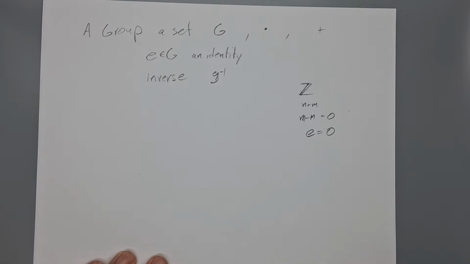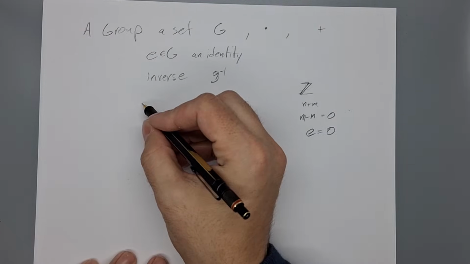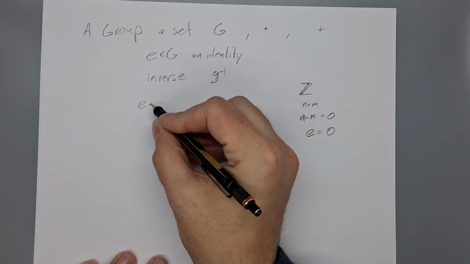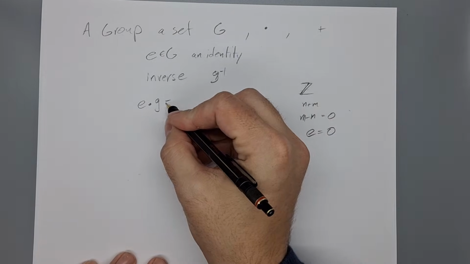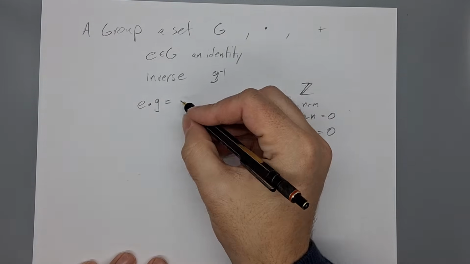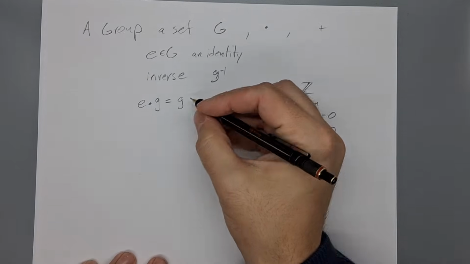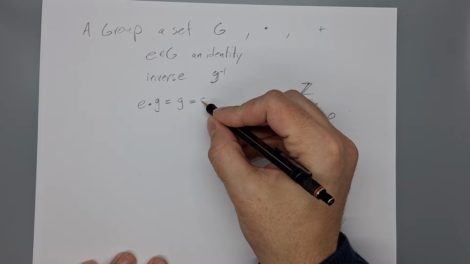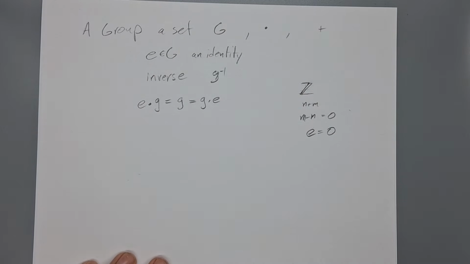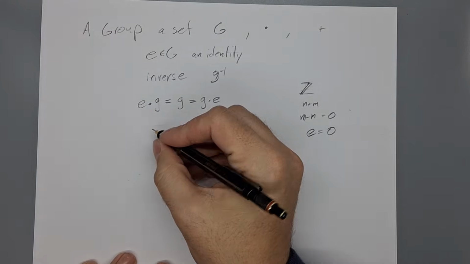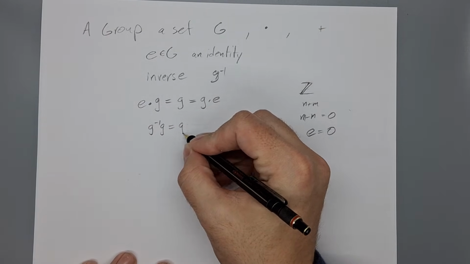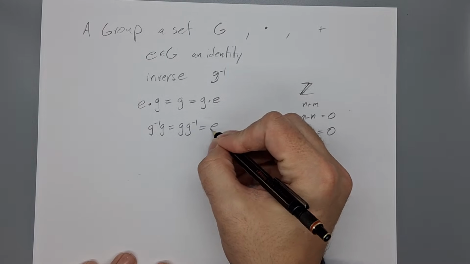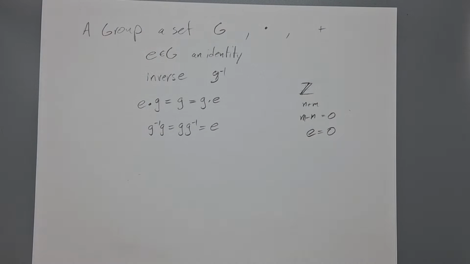So the axioms we have here, using the multiplication notation, are E times G, the identity times anything, is whatever you put in it. And the same on the other side. And then the inverse needs to produce the identity. And that is the basic idea behind a group.